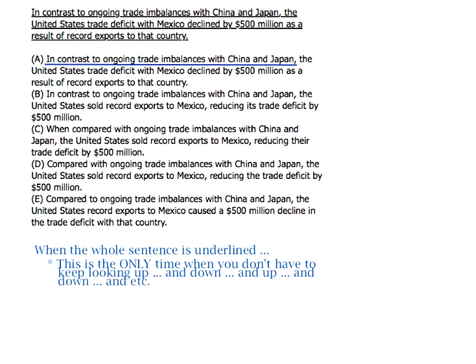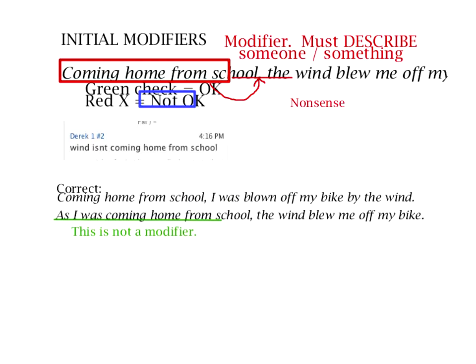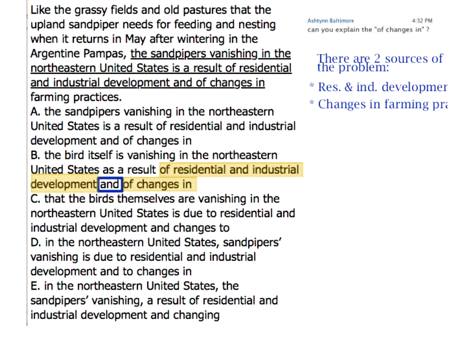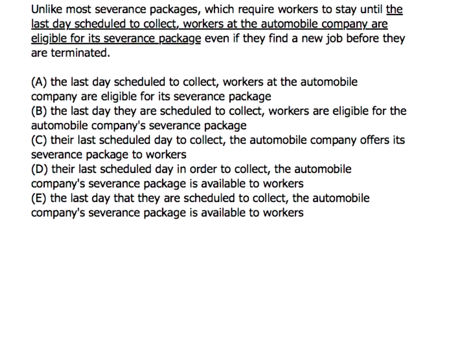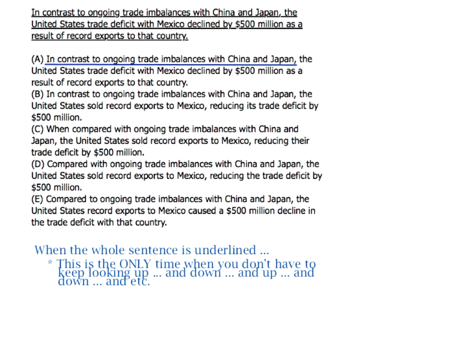With a partial underline, you have to keep looking at the first half, then the second half. Especially with the later choices, it gets really annoying. But with this kind of sentence, you never have to do it. You can just look at one thing, and that's much easier than looking at two things.